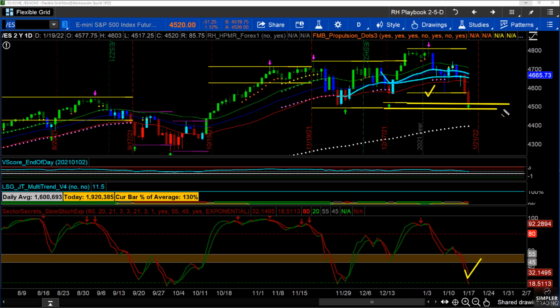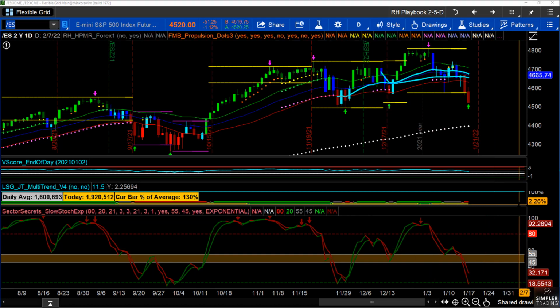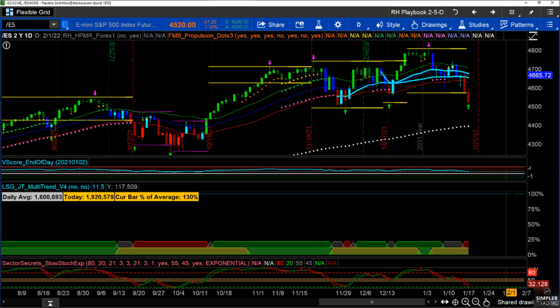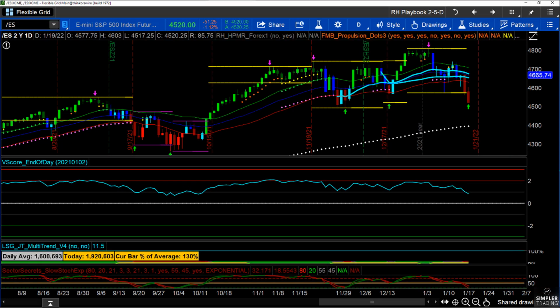Now we're testing these lower levels, price first, then confirm with the V-score, confirm with the stochastic. So we're just heading now into the 20 reading. And again, I think for the S&P, we don't actually want to see a reversion to the mean.